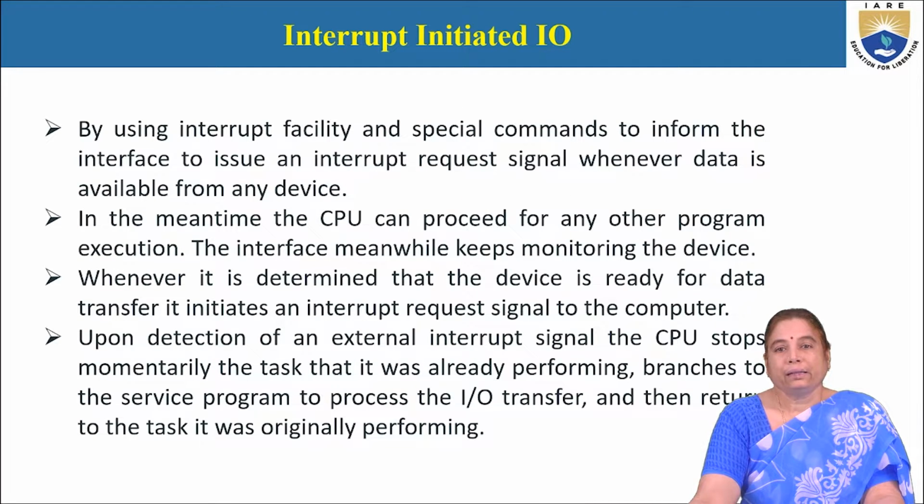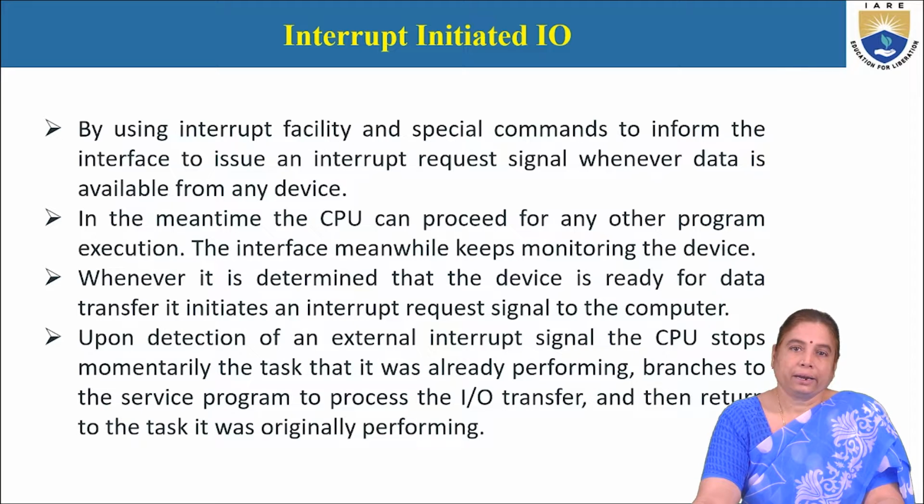Here in interrupt initiated IO, with the help of an interrupt signal, the peripheral devices can take the CPU's control for the IO transfer. An interrupt is a special signal raised by the peripheral devices to the CPU to indicate that they require the service of input and output.